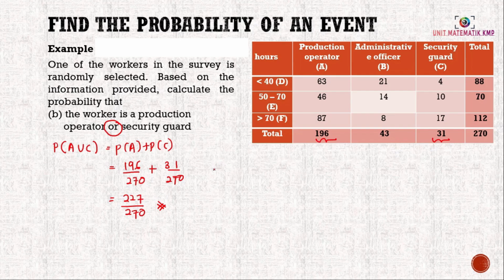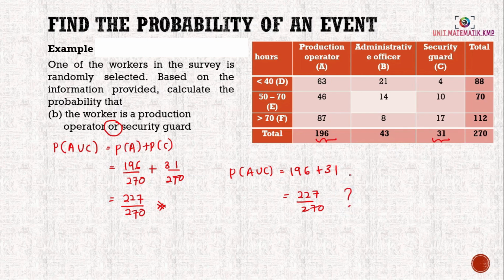Okay, take note sikit, awak tak boleh tulis jawapan sebagai 196 tambah 31 saja. Contoh kalau awak buat P(A union C) and then you write it as 196 plus 31 and then tiba-tiba dapat 227 over 270.